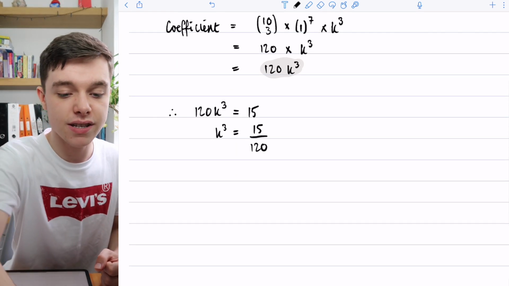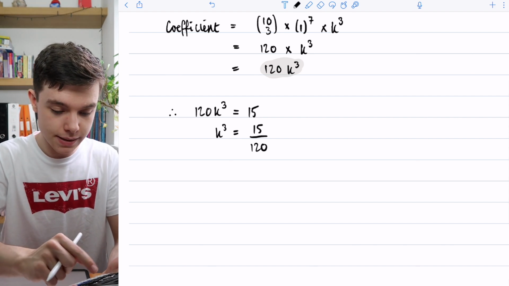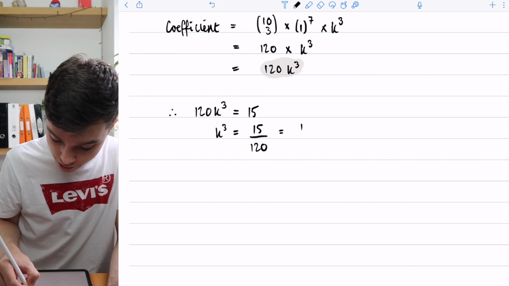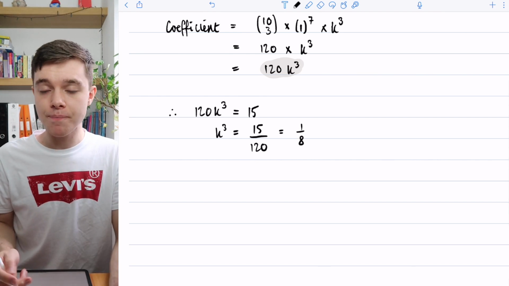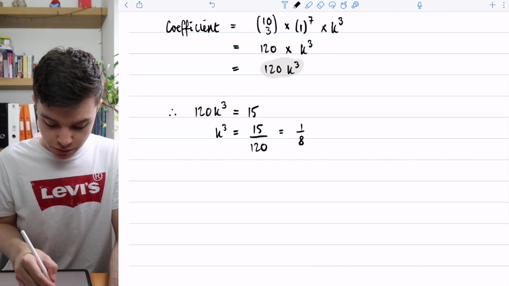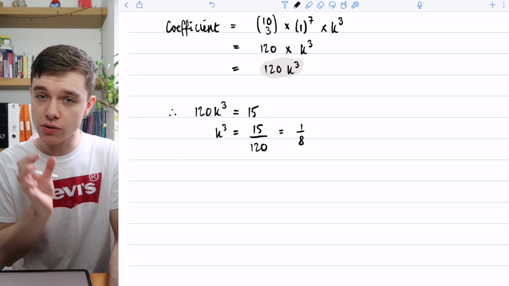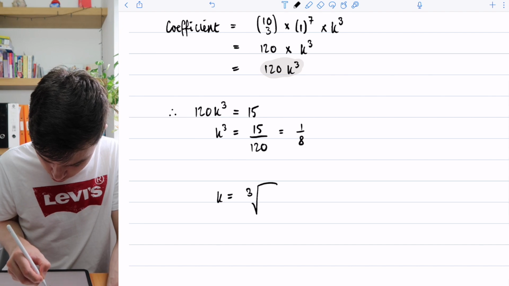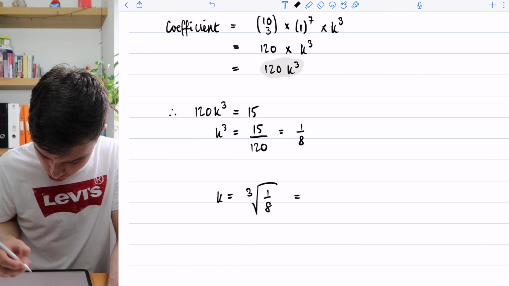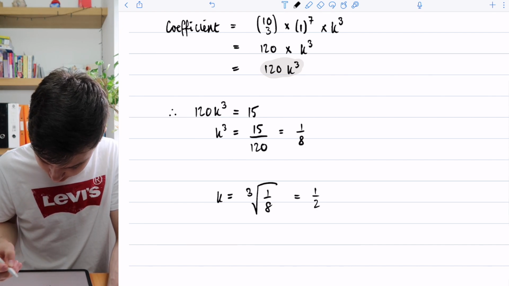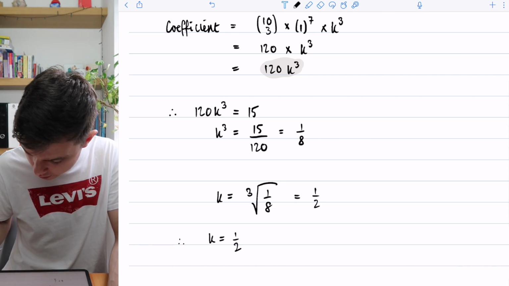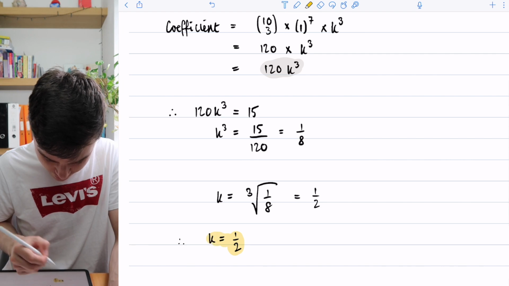If you put that into your calculator, it will simplify it down to 1 over 8, and that's a little bit more simple. Cube root top and bottom, because we want to get rid of the k cubed, we just want k on its own. So k will be the cube root of 1 over 8, which of course is a half. Therefore, k is equal to a half. And that is your final answer.